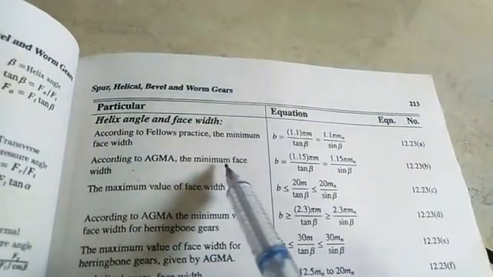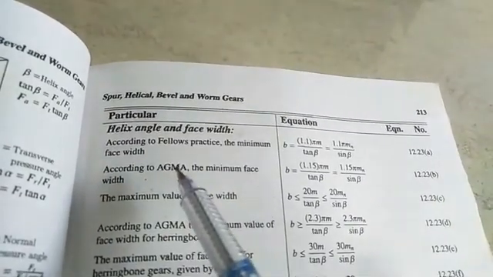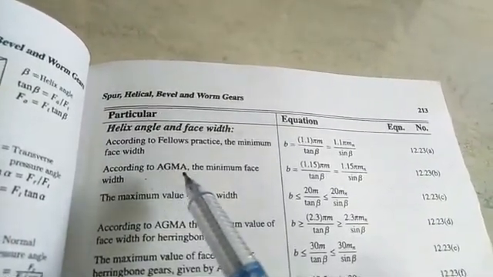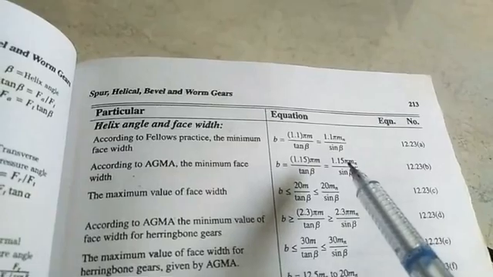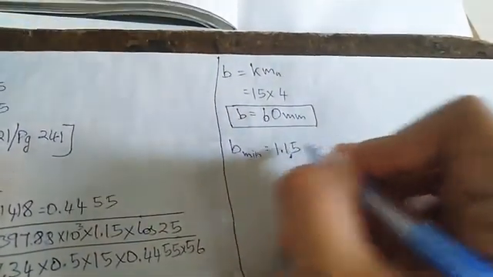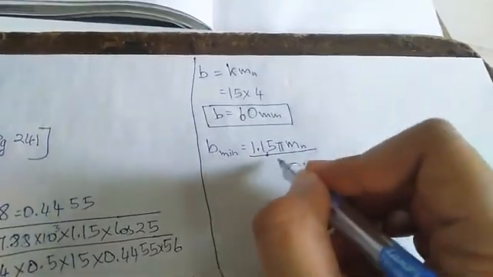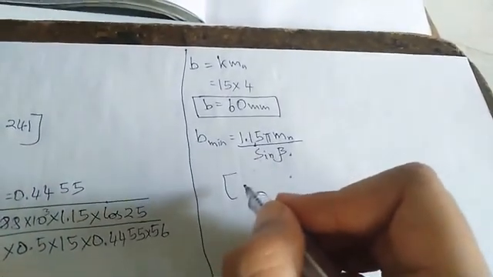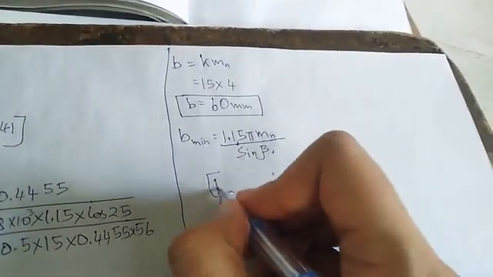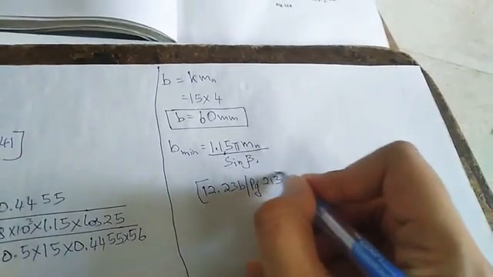According to AGMA, the American Gear Manufacturers Association, the minimum face width B minimum is equal to 1.15 pi Mn by sin beta. We shall take this formula.